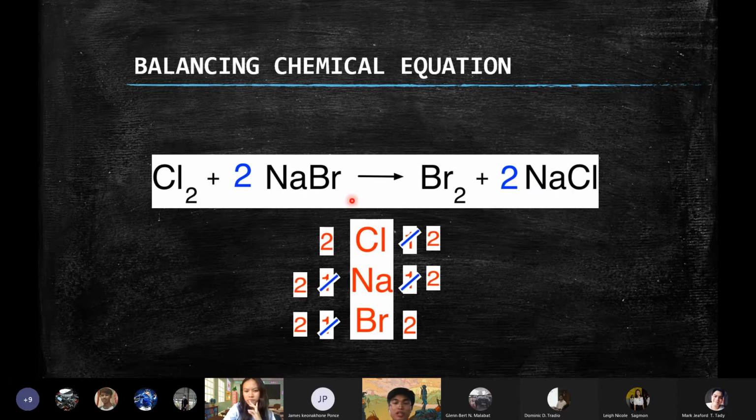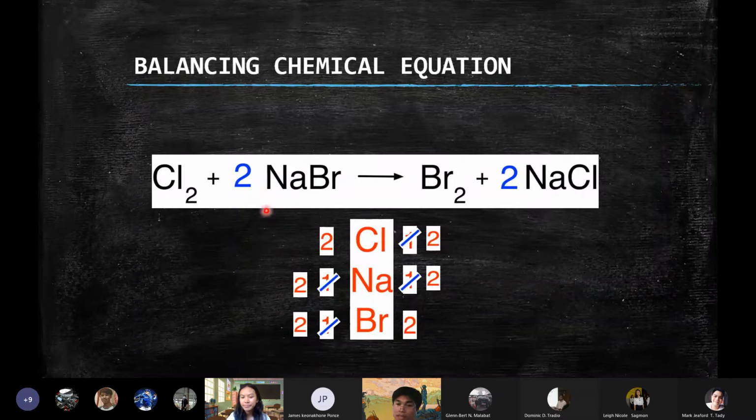Now, after putting the coefficient and multiplying it to the subscript, we came up with chlorine having two atoms on the reactant side, and because we added a coefficient on the chlorine, it became 2, so the chlorine is balanced. Check. The second element is the sodium.